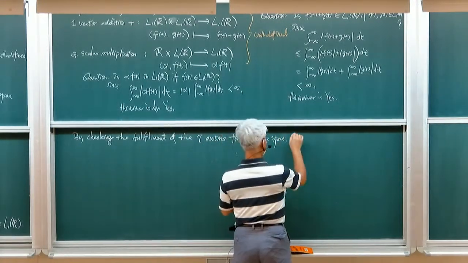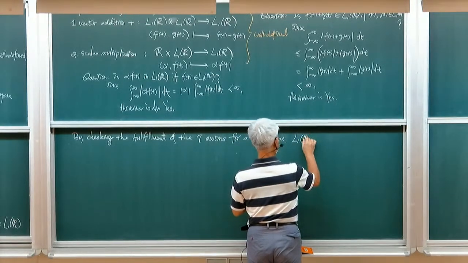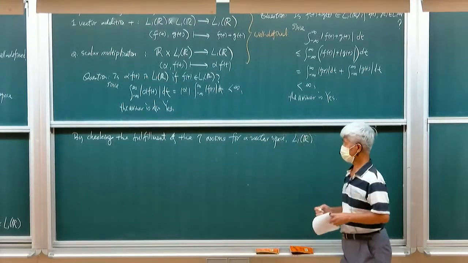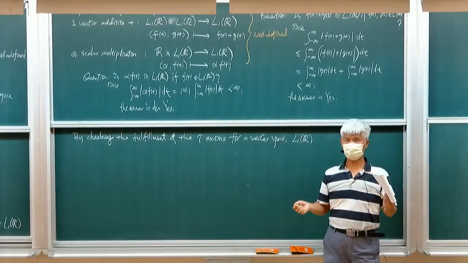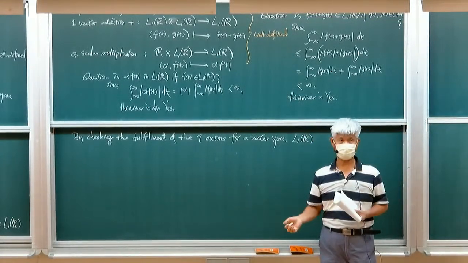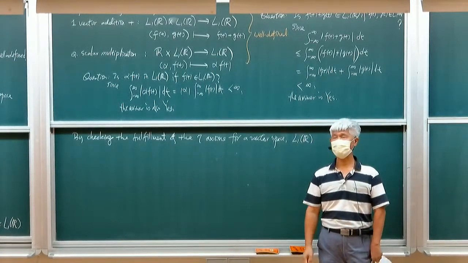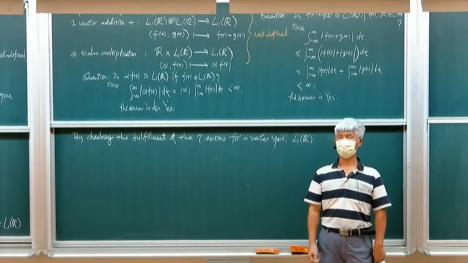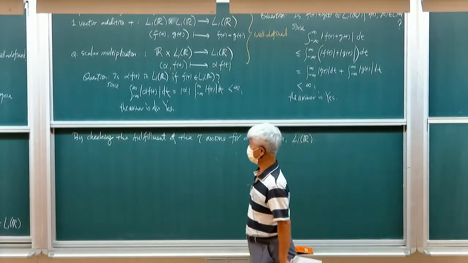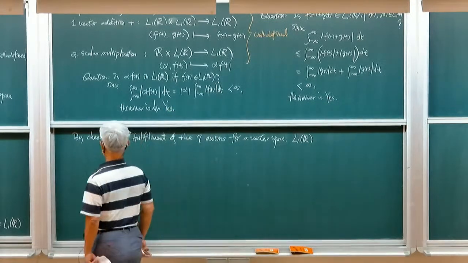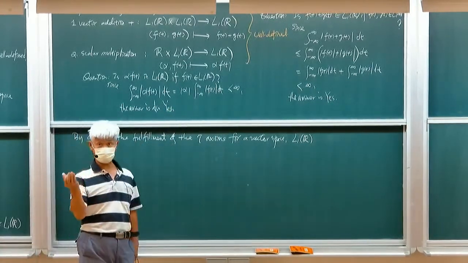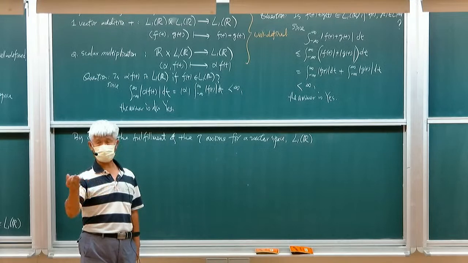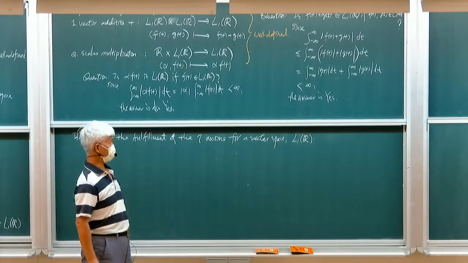we find that they are fulfilled, because the addition of functions is associative. We already know that it is commutative, and we have a zero element in L1(R), which is just the zero function, where the value is 0 at all points.